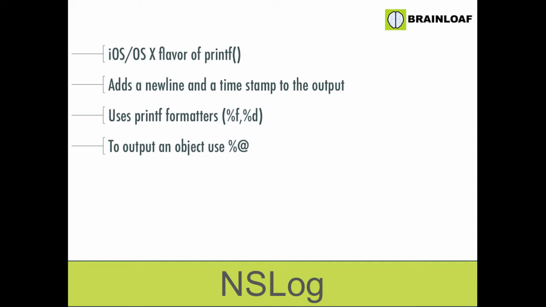Here we have an example. %f is for a floating point. %d is for a decimal number. And if you want to output an object, you can use %@. For objects like NSStrings, that will output the content of the string. For other objects, you need to make sure that there is a description property created on the object that will then output what you'd like to see.